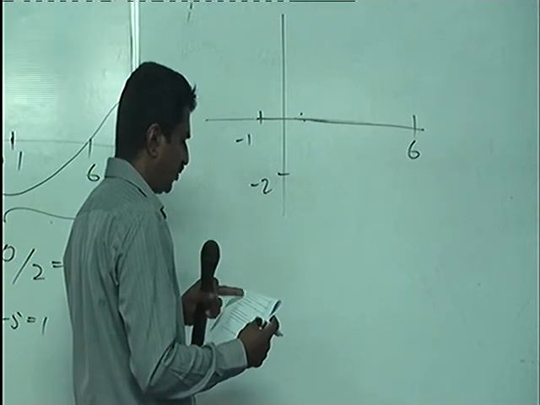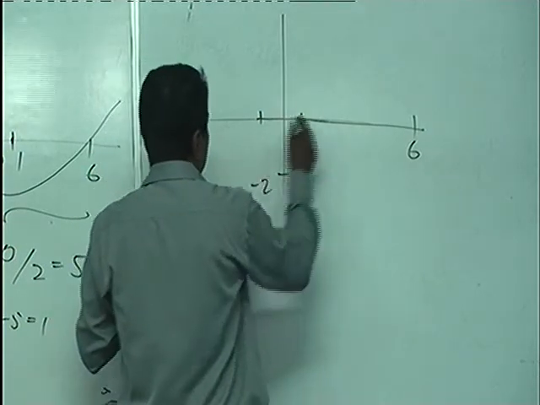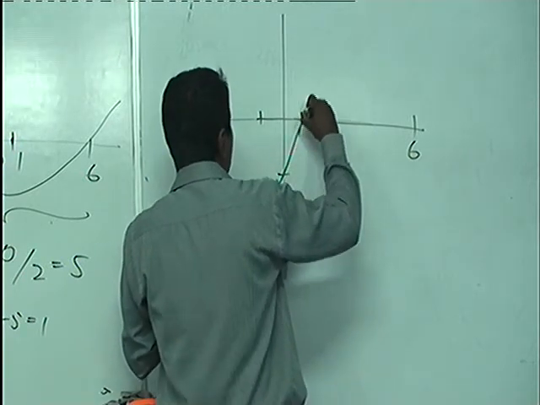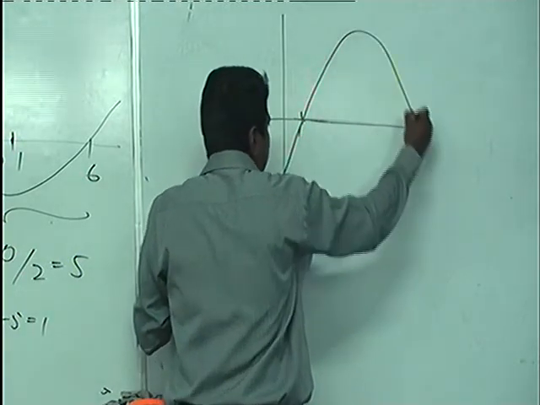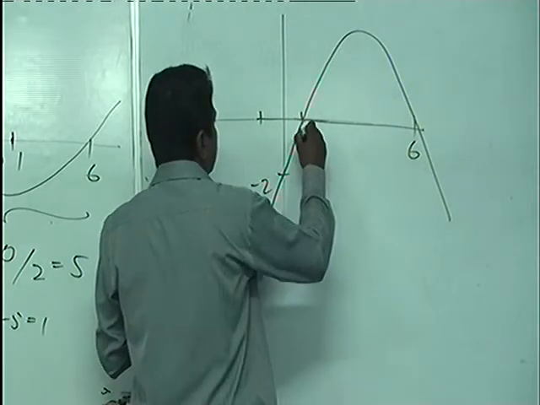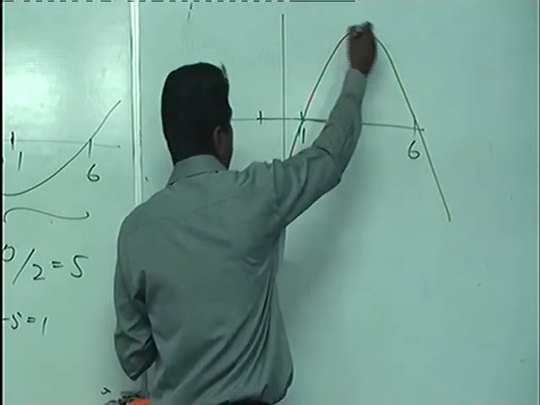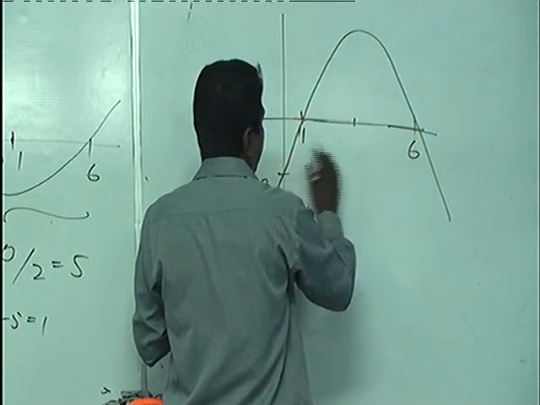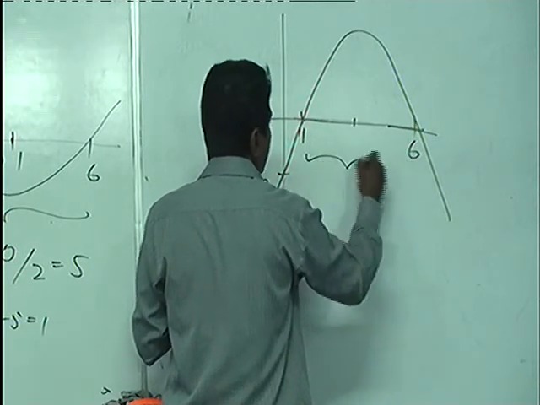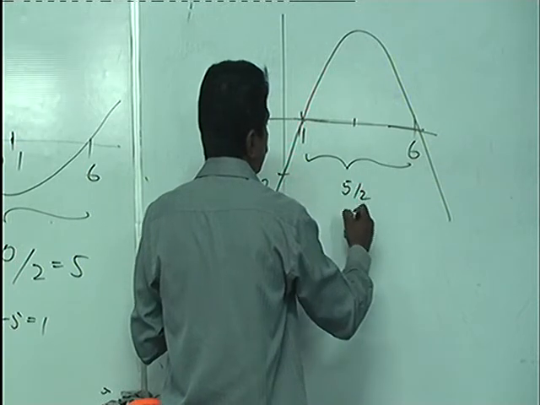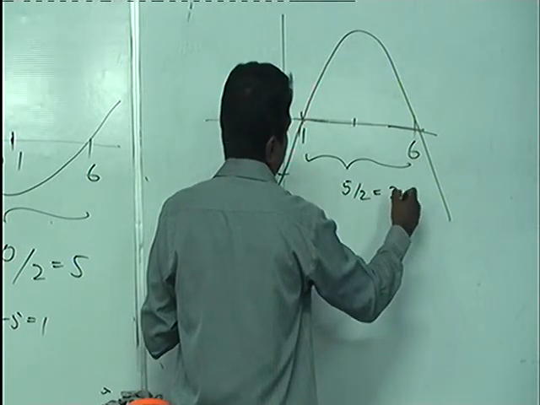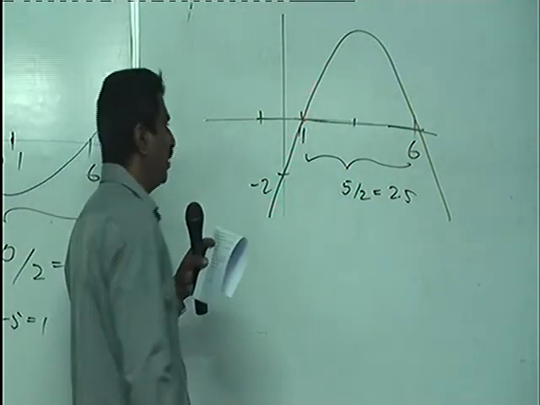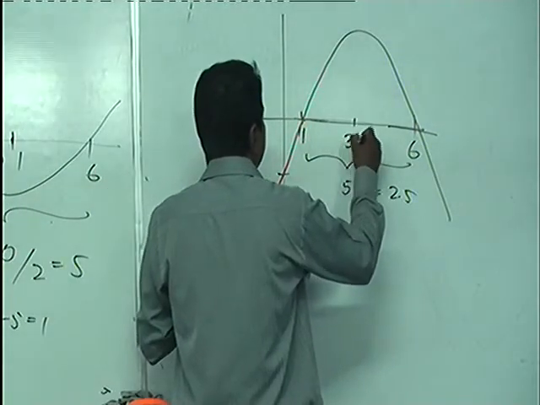So the curve goes like this. It cuts 1, goes up and comes down here. Correct? So what is the middle value? 1 and 6. The gap is how much? Gap is 5. 5 divided by 2 is 2.5. So what is the middle? 6 minus 2.5, that is 3.5.